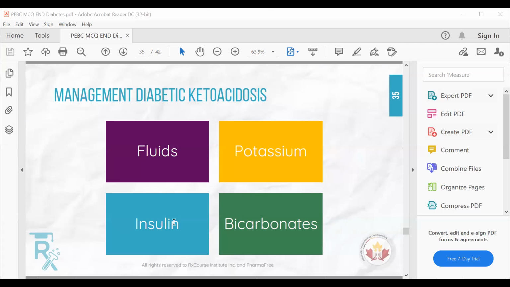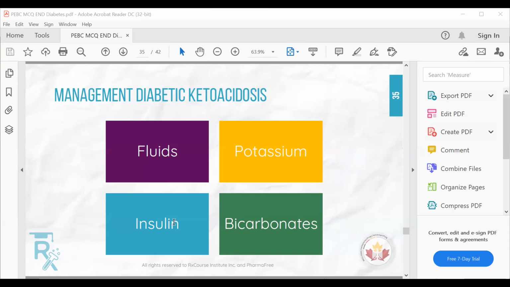Second is, because the patient's potassium level might be depleted. What happens is that the potassium level at the beginning will be higher, and when it is higher, the body will try to get rid of potassium through the urine. So the patient might go through hypokalemia. In that case, I need to make sure that his potassium level is under control.